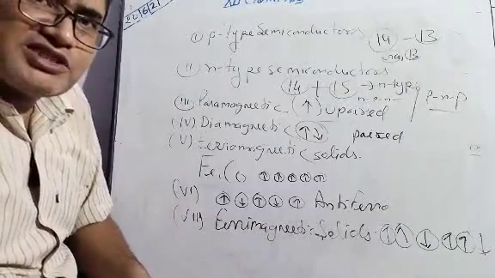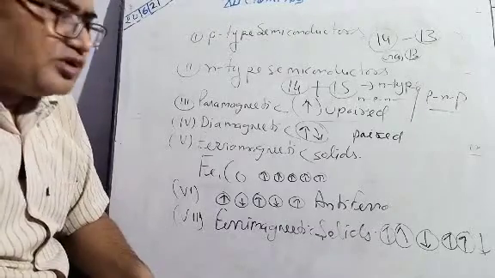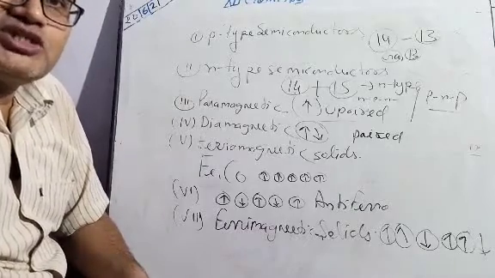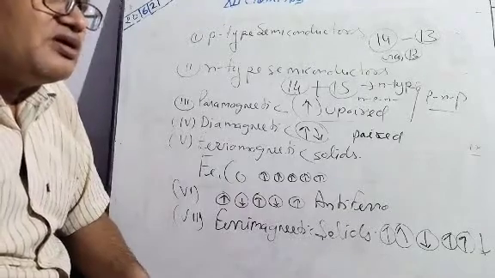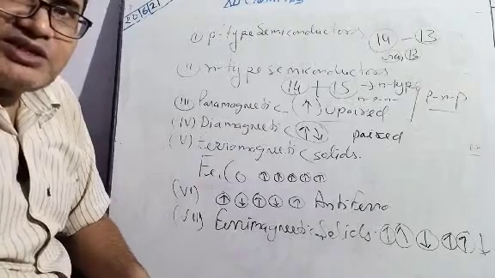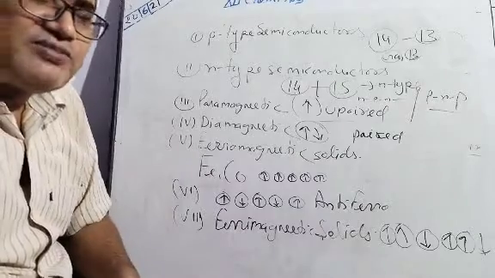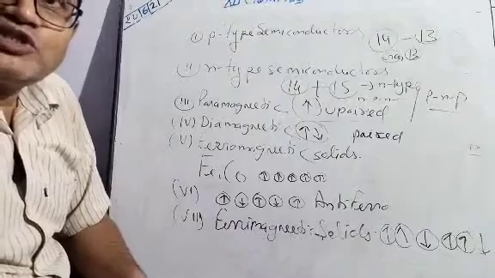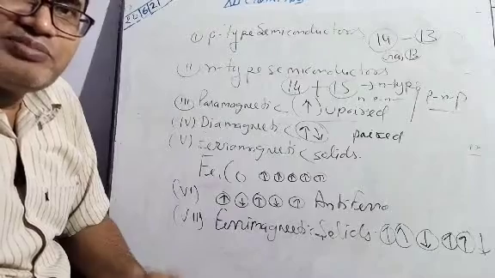This is sufficient for the CBSE board, and next time I will make a video for solutions of NCERT questions as well as other books, because with more practice of question-answers you will become more expert and write in a short time. And children, whenever you complete this chapter, you have to start solving question-answers, which is very important.